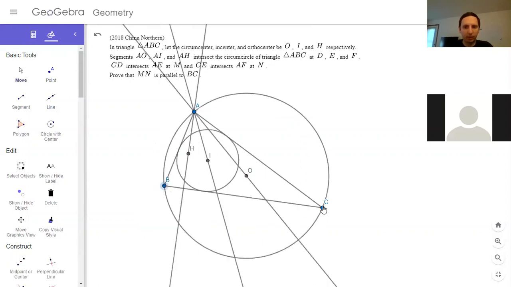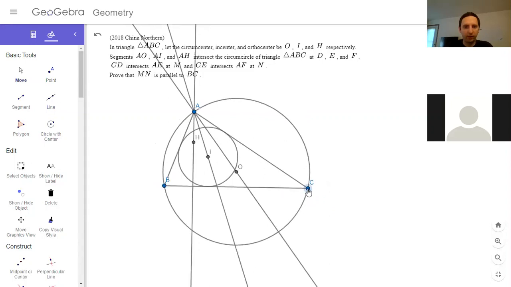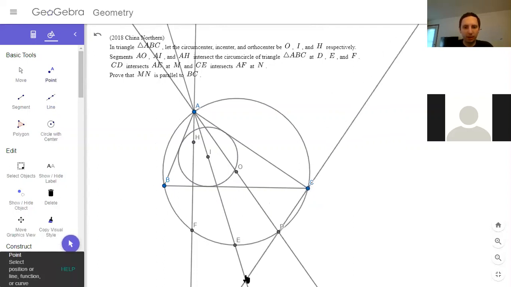So let's shrink this a little bit. Good. That's nice. It's just D, E, and F automatically. CD intersects AE at M. I'm probably going to want to shrink the diagram a little more.